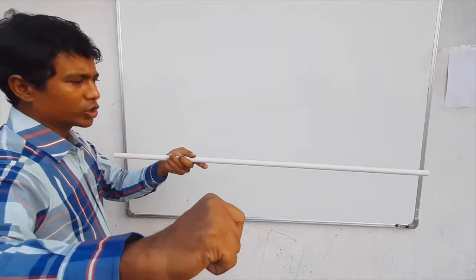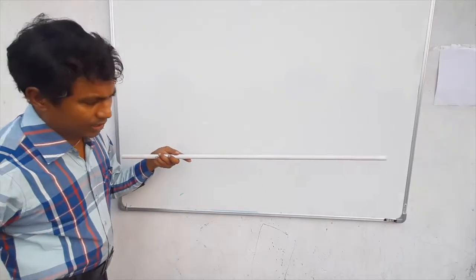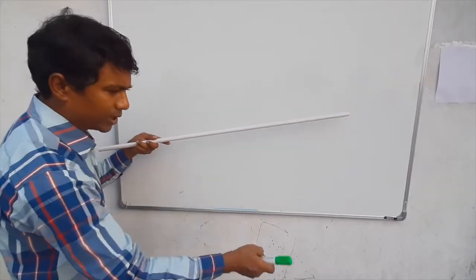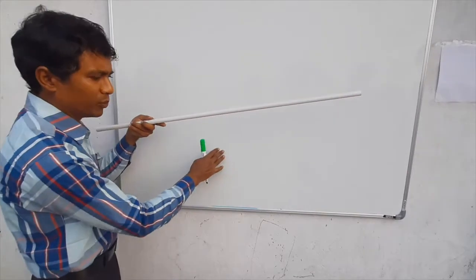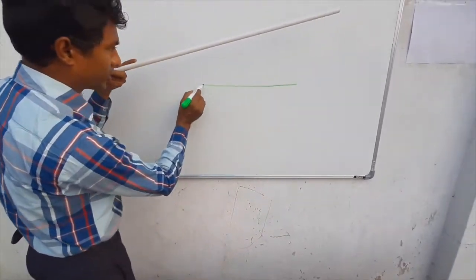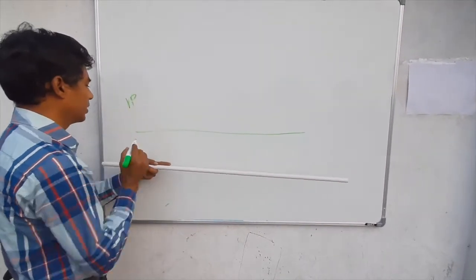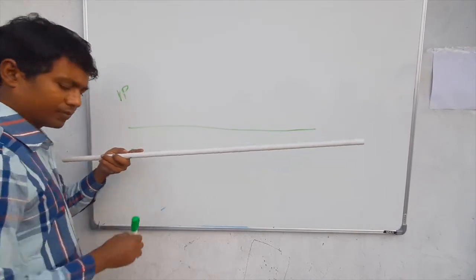Now use the torch and get the shadow here. On the bottom line there will definitely be the intersection of this VP and HP. So you can say this is the intersection, and above this it is the VP, below this is the HP. Fine.